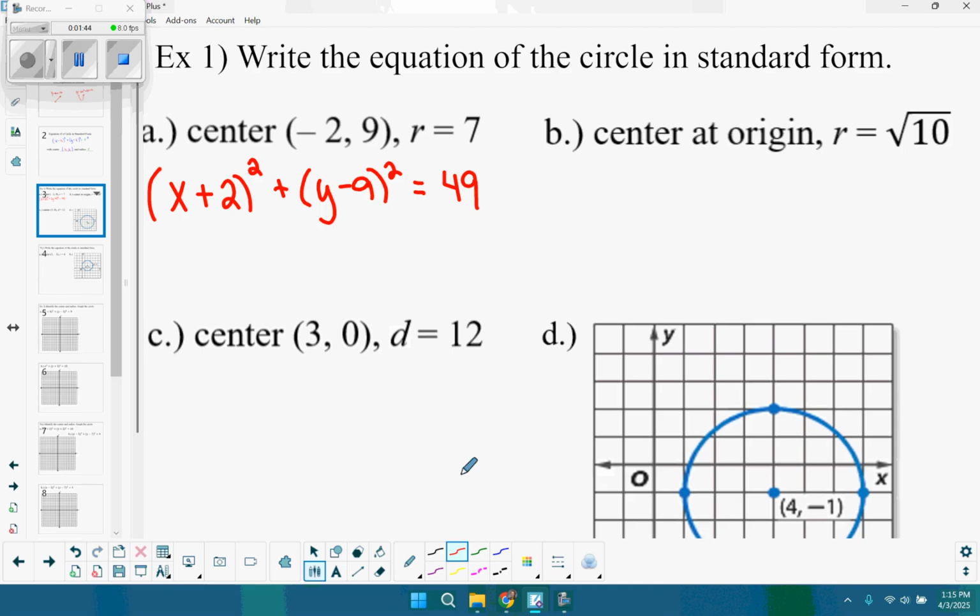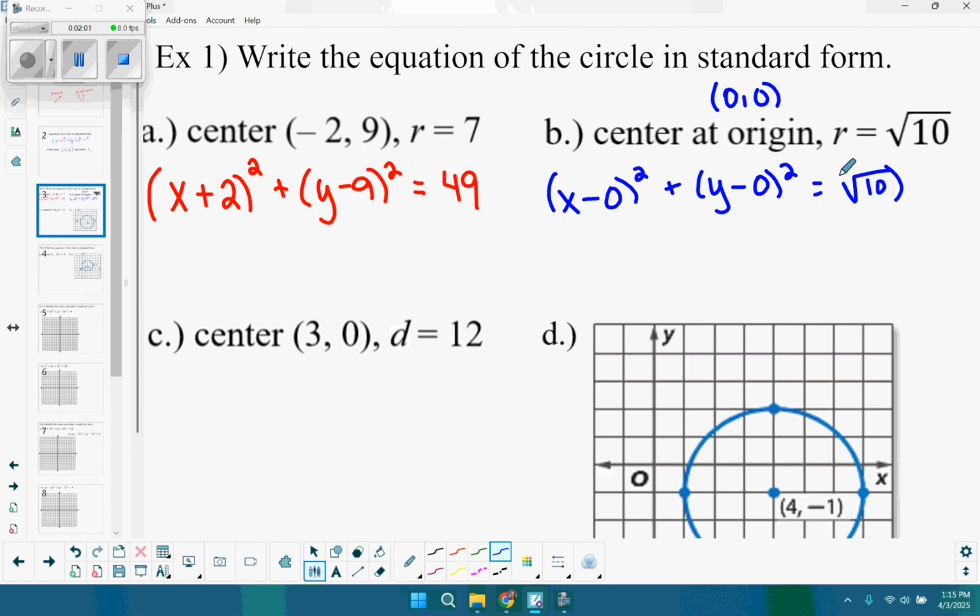If you need to show the plugging in first, that's fine. So if I'm going to do that on B, I'm going to show my plugging in. The origin really means the center is (0, 0). So if we had x minus 0 squared plus y minus 0 squared equals the radius squared, it's okay to write this step first, but we still need to show what it is once we've done things like the squaring.